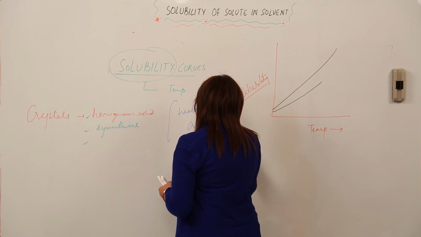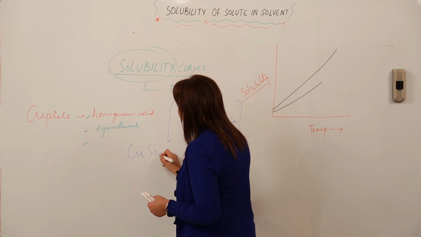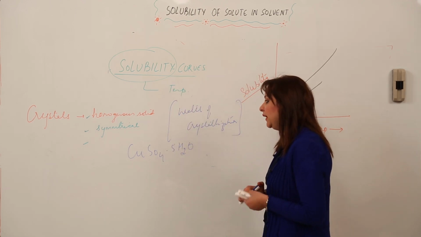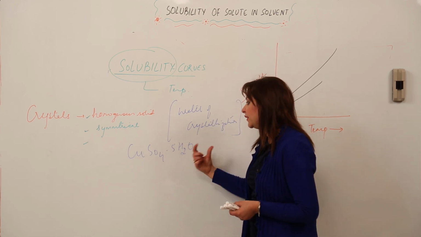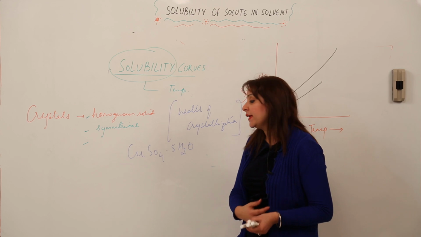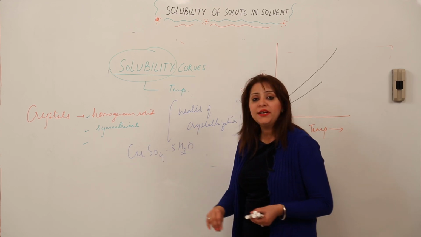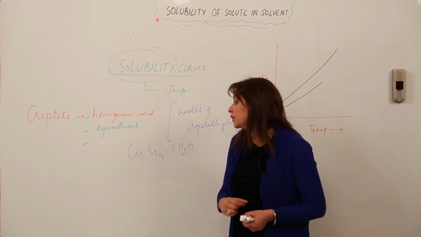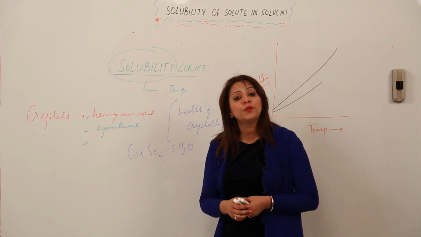If I say copper sulfate pentahydrate crystals, what does it actually mean? Obviously it is copper sulfate. Then what do I mean by writing 5H2O? Whenever you see water written with the molecular formula with a point in the middle, it means water of crystallization, the chemically combined water. That means this chemical has chemically combined with water, right?